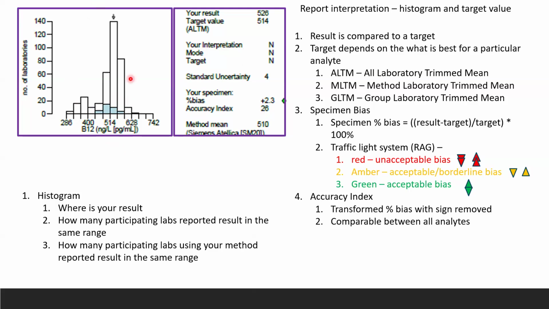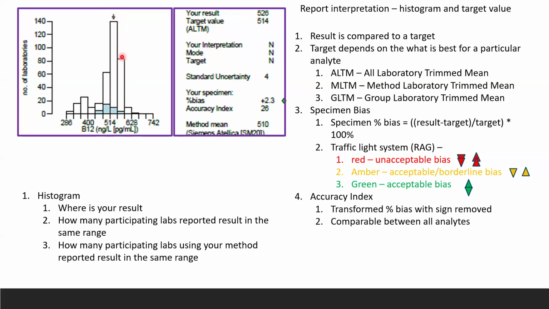So now here on this histogram, we see this little arrow, and this arrow tells us where our result sits among other results. So in this case, our result is 526 for vitamin B12, and it sits in this range between 514 and 552.